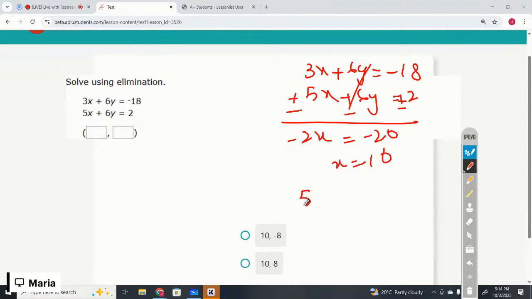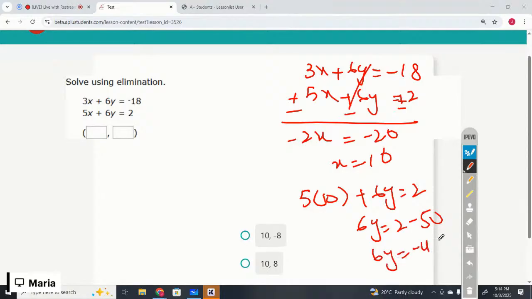So substitute x equals 10 in any of the equations. 5 times 10 plus 6y equals 2. So 6y equals 2 minus 50. That is 6y equals negative 48. So y equals negative 8.